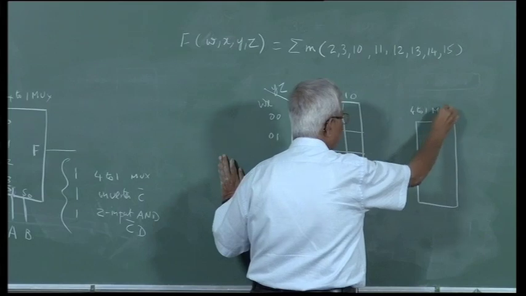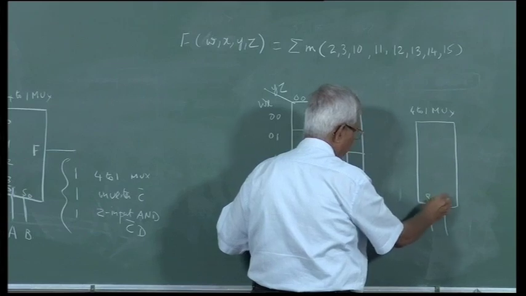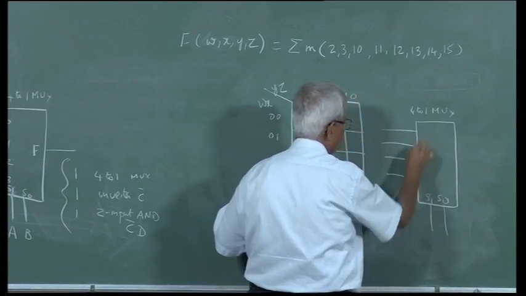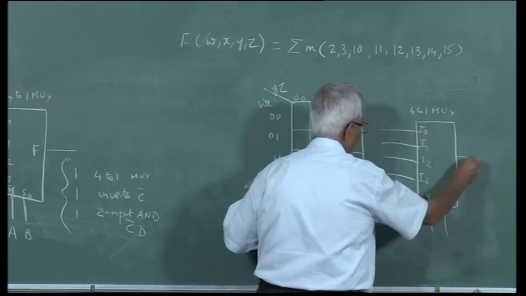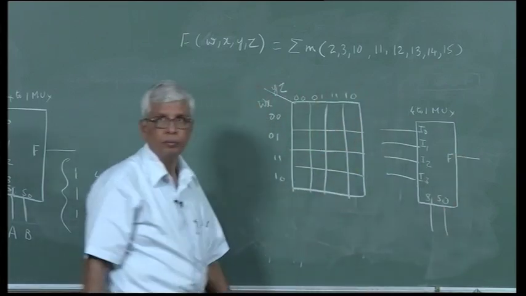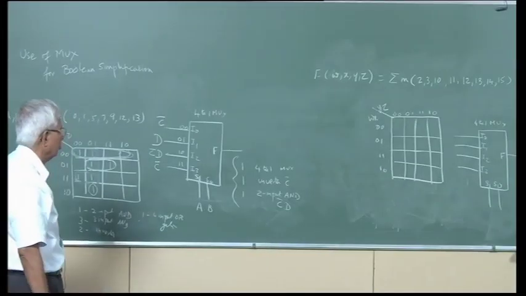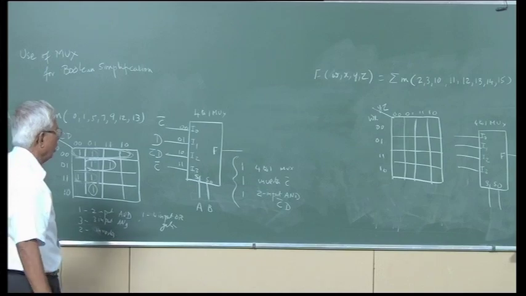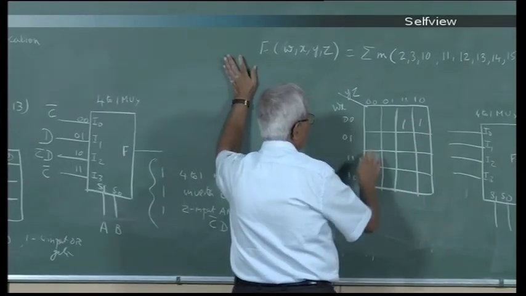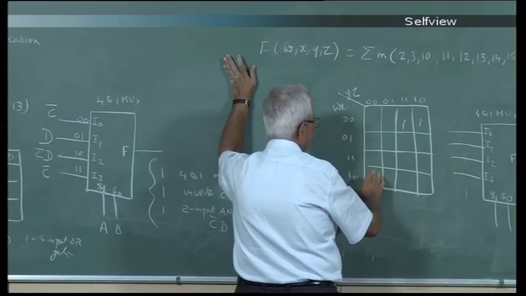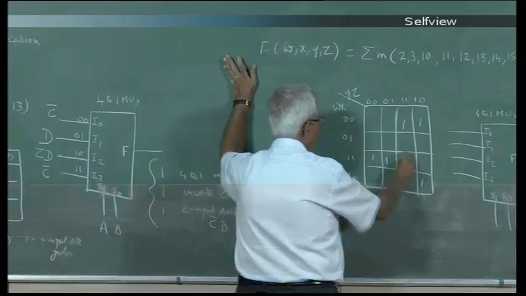You always have to write the size of the multiplexer on the top, 4 to 1, S1, S0, 4 inputs, I0, I1, I2, I3, F. Now, let us map this function: 0, 1, 2, 3, 4, 5, 6, 7 is not there, 8, 9, 10, 11, 12, 13, 14, 15.